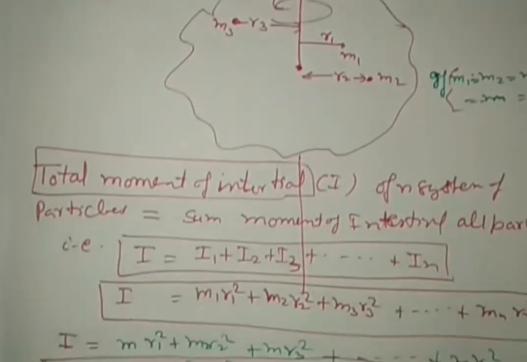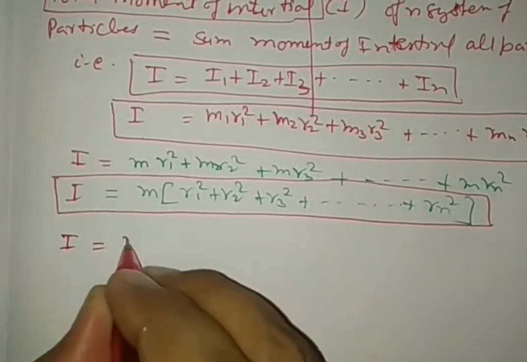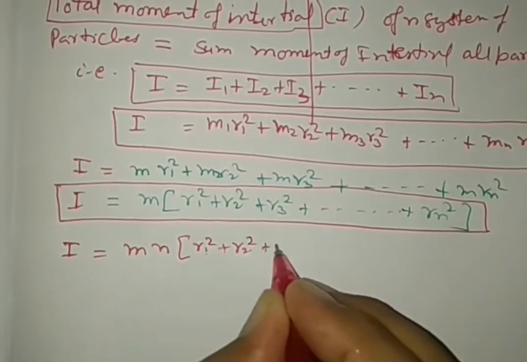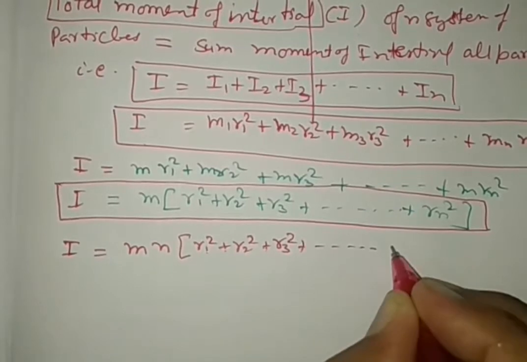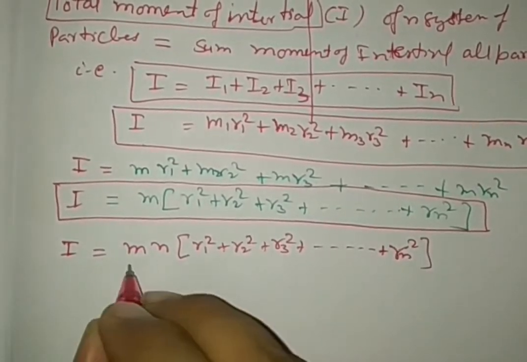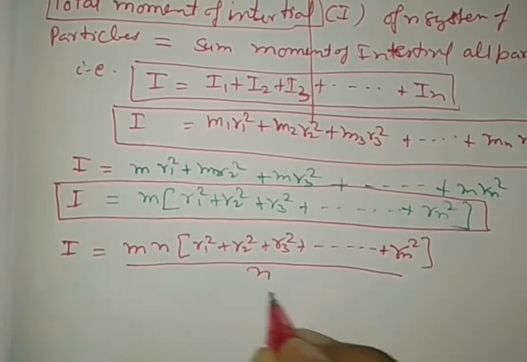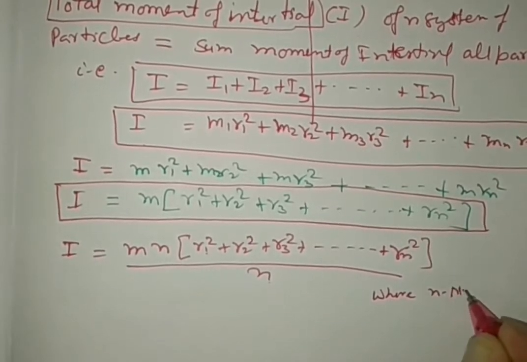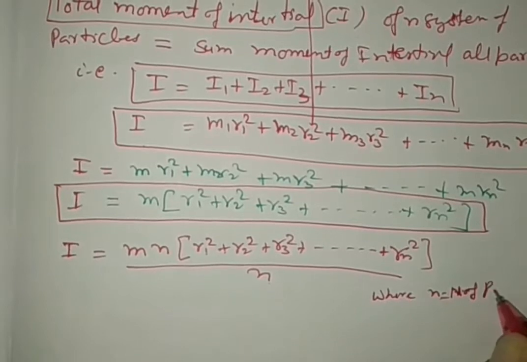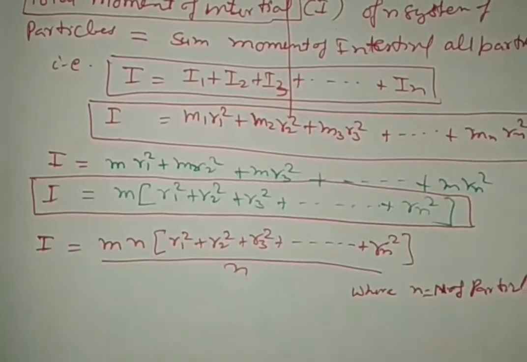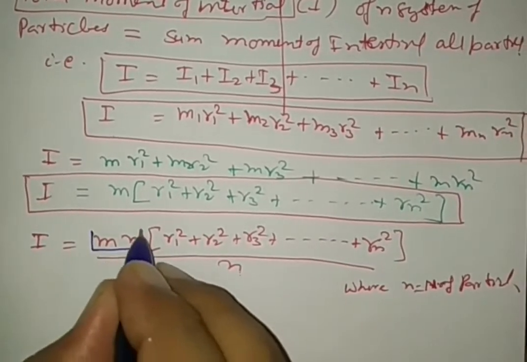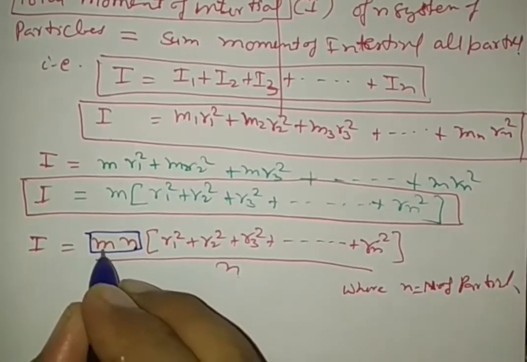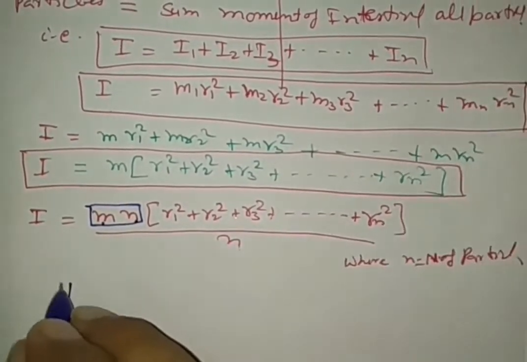Now we are going to make one change in it. I is equal to m n times r1 square plus r2 square plus r3 square and so on plus rn square, divided by n. We are multiplying by n and dividing by n, where n is the number of particles. See the factor mn here: there are n particles and each particle has mass m, so the total mass of the rigid body, if we take capital M, is equal to m into n. In that condition, I can be written as capital M times r1 square plus r2 square plus r3 square and so on plus rn square, by n.